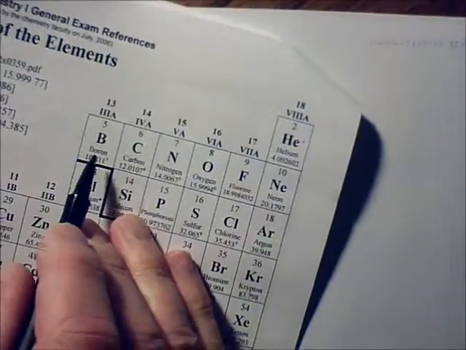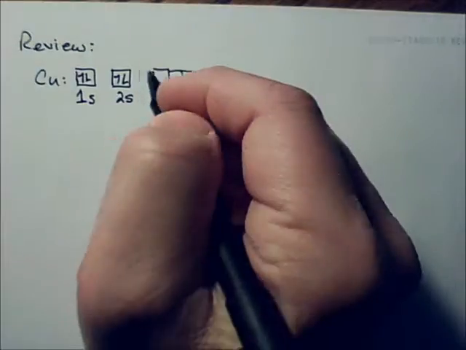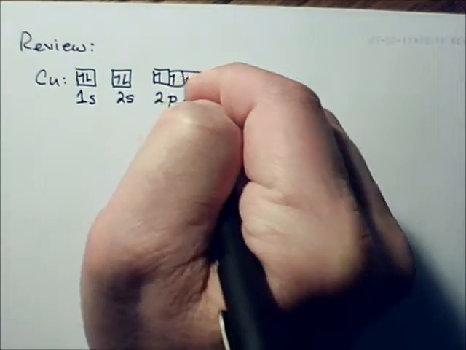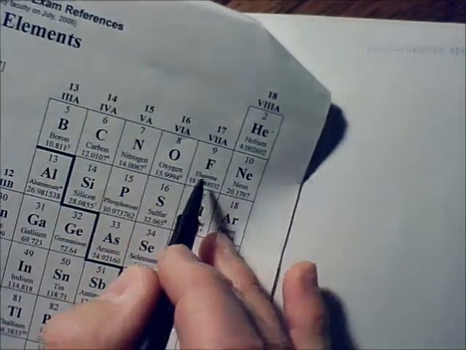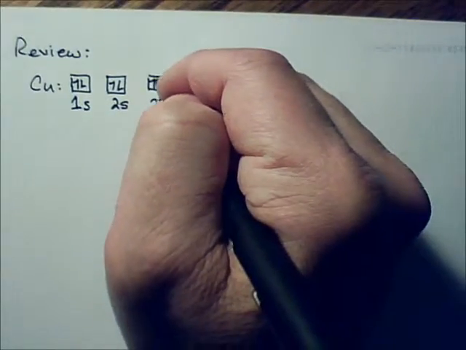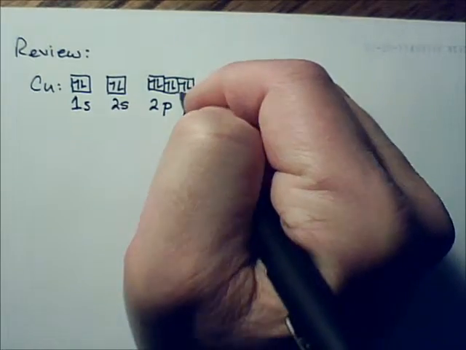And boron, carbon, and nitrogen all are going to correspond to up arrows representing electrons with a positive spin or an up spin. And then oxygen, fluorine, and neon represent electrons with a down spin or negative spin.